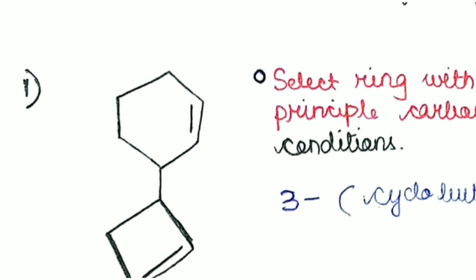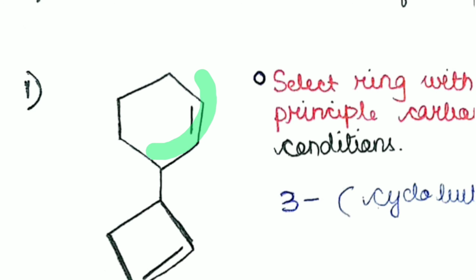That's what we have to see. Should we start our numbering in this sense or in this sense? So if we start our numbering in the clockwise sense, then we are getting the locants 1, 2 for the double bond only in the principal carbon chain. 1, 2 belongs to the double bond, and the substituent is at the third locant or the third carbon when we are numbering in the clockwise sense.